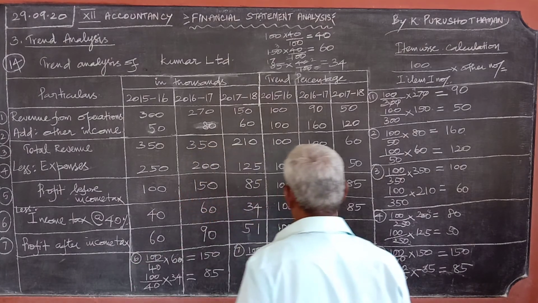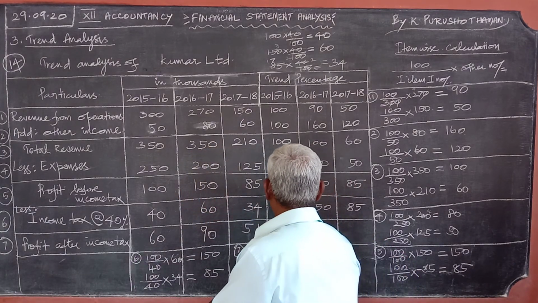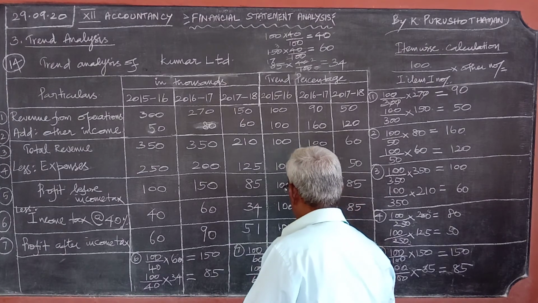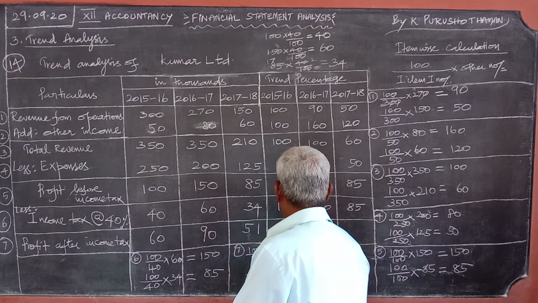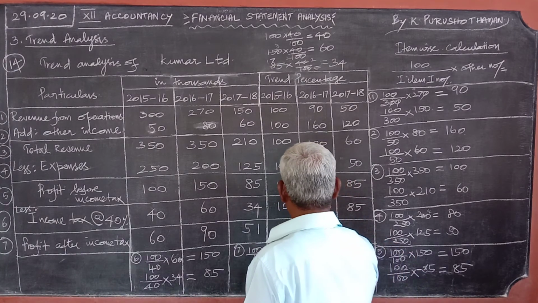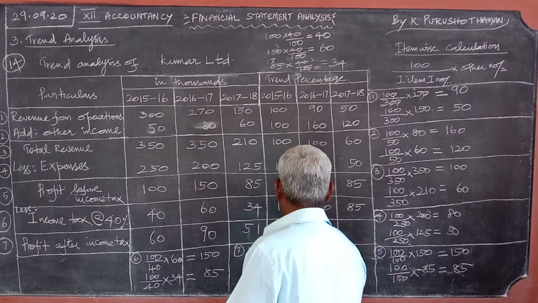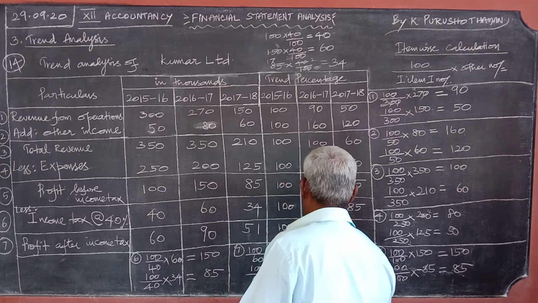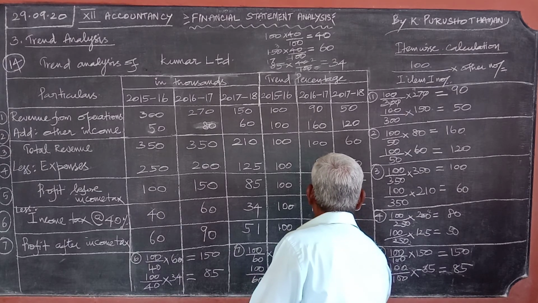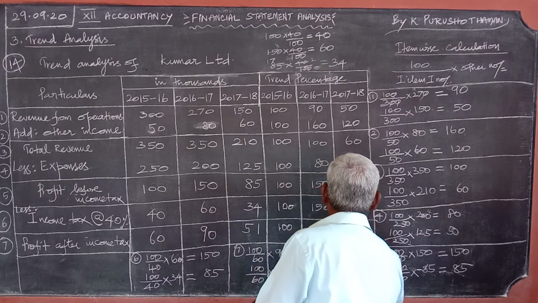You can simplify 3 by 2, 50, 150. This is also 5 by 3, 3 simplified 17, 5 into 17, 85. Therefore, 150, 85.